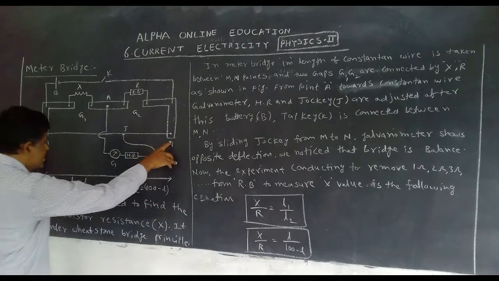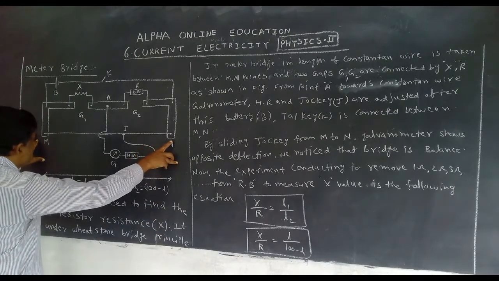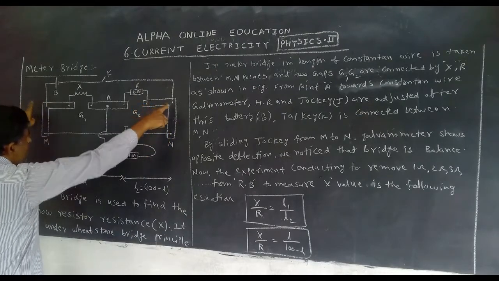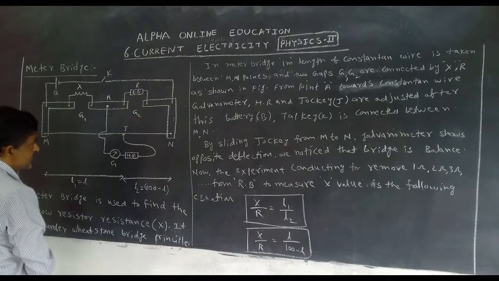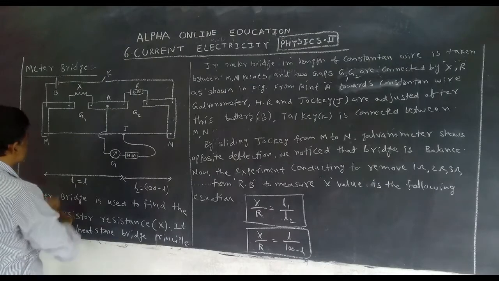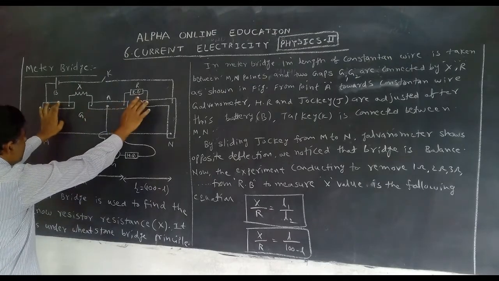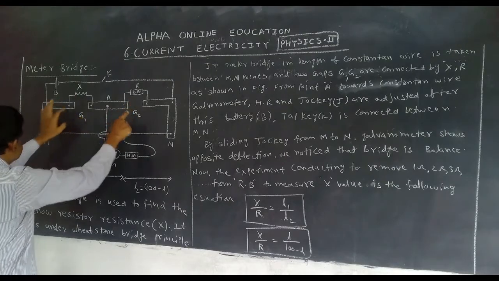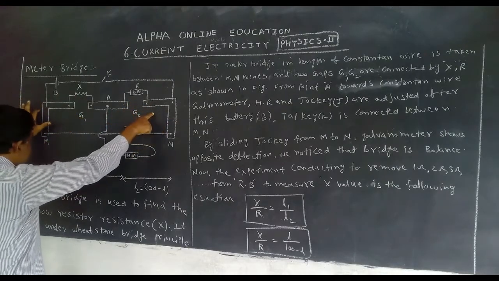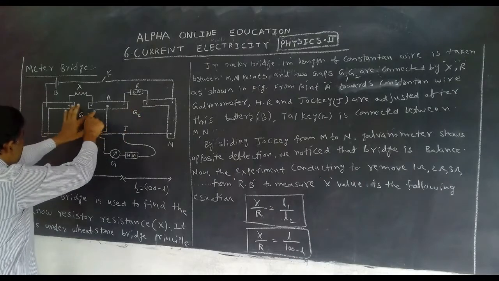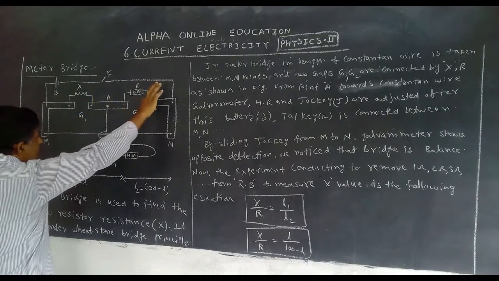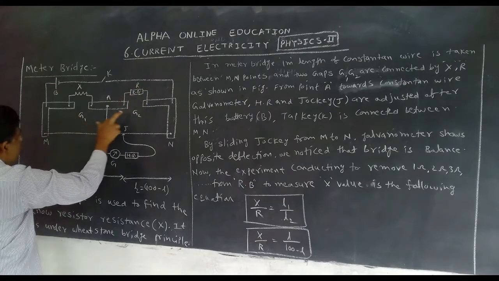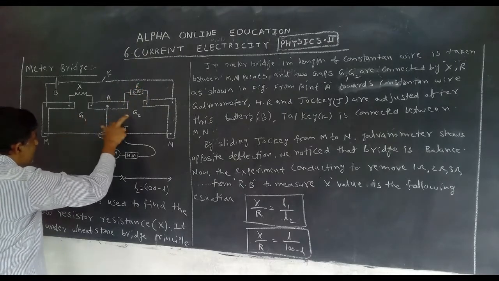Between this 1 meter length of the constantan wire, we take two L-shaped metallic frames. In between them, we take another metallic frame of the same thickness, same width, with two gaps, G1 and G2.